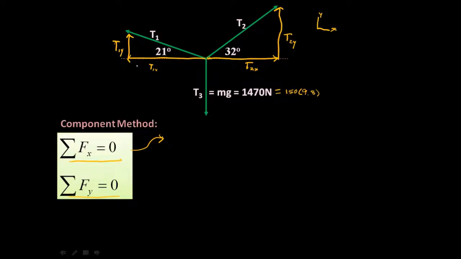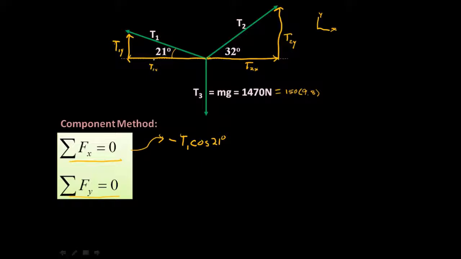T1x is in the negative direction. If I use this acute angle of 21 degrees right here, instead of starting at 0 and coming all the way around to 159 degrees, as long as I toss in the minus sign, it'll work just fine. So I can write negative T1 times the cosine of 21 degrees. Why cosine? Cosine is adjacent over hypotenuse.